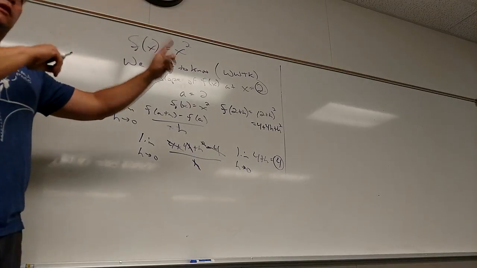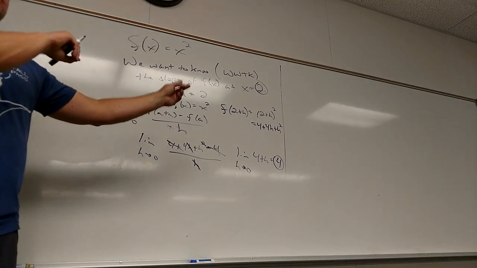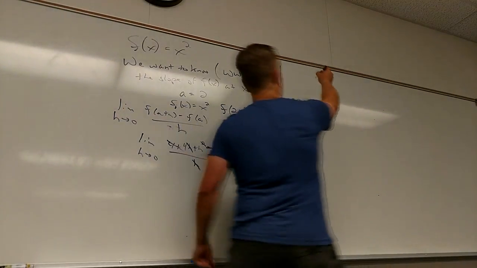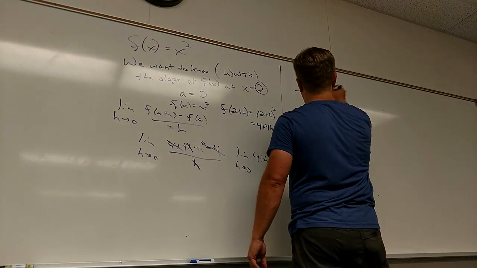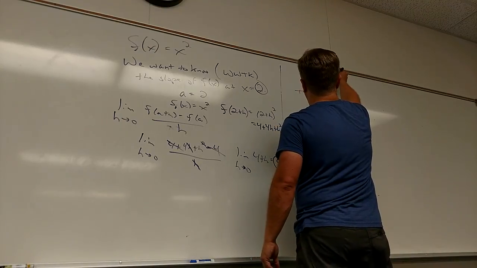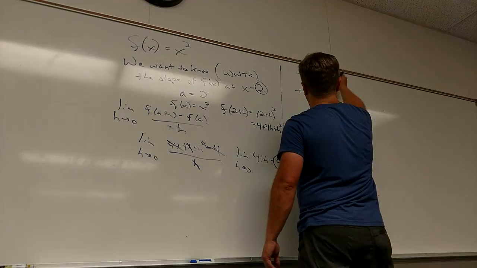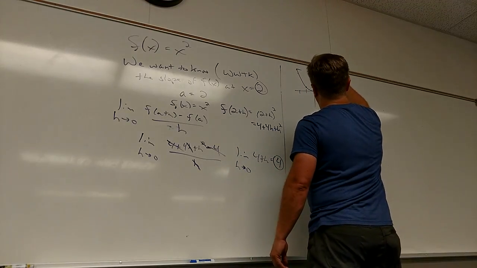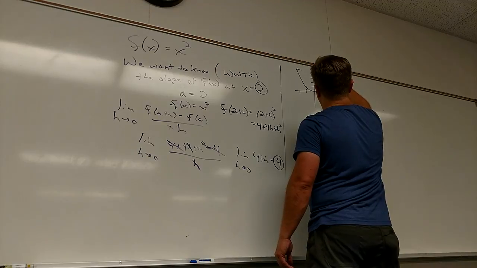The next level, coming right off of what we just did, is can you find the equation of the tangent line? So what do we have so far? Right there, we just figured out the slope is 4.